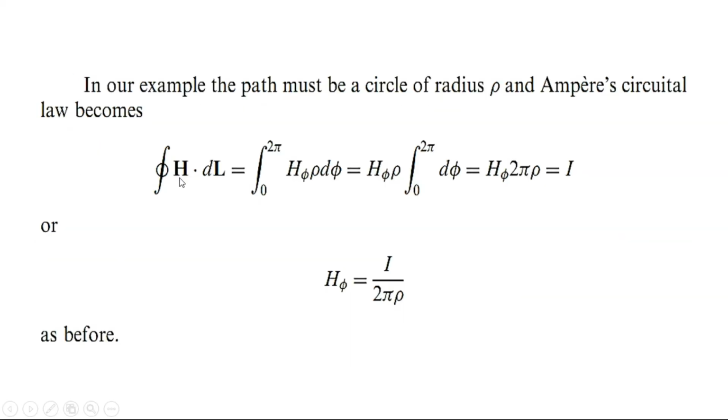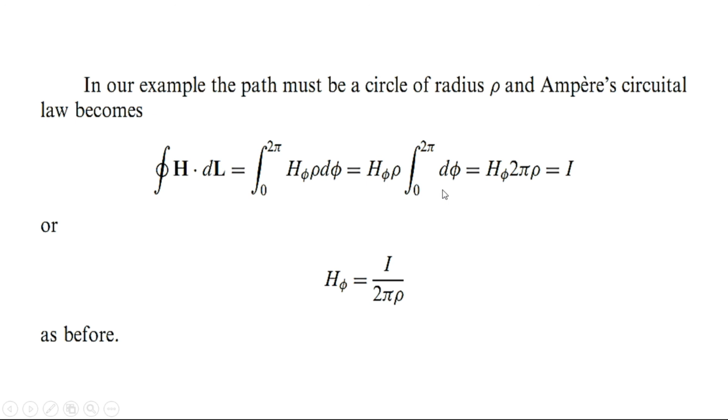So the closed line integral of H dot dl will be equal to the integral of H_phi rho d phi. We converted the dot product into scalar components, and phi changes from 0 to 2 pi. So rho and H_phi are constants. We will take them out of the integral and we will integrate d phi. And according to Ampere's circuital law, this is equal to the total current enclosed.